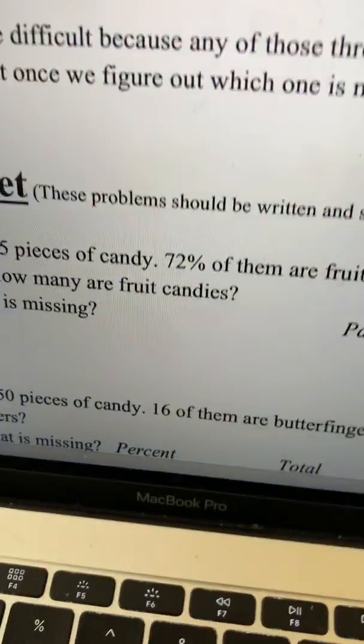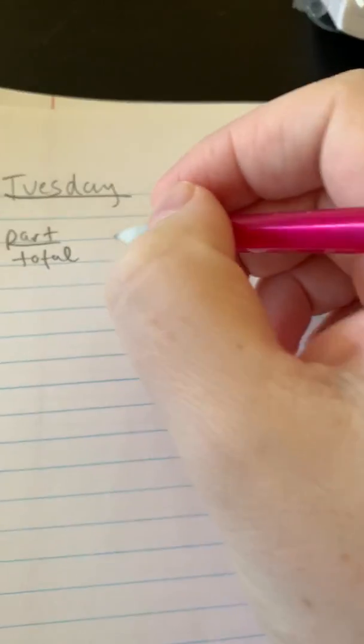Okay, so when I set up this problem and I do part over total, just like we've been doing the last 3 days, I know that part is missing. So I'm going to label part as X. I know that total is 125 because that's the total amount of candies.